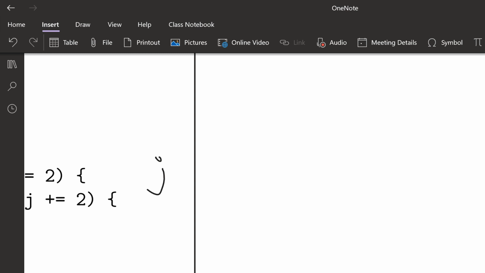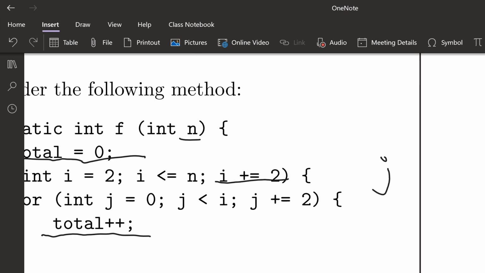So I'll go ahead and draw 4, 6, because we're incrementing by 2 each time as well. And j is also incrementing by 2. These are all details that you're going to have to look out for as you approach a problem like this. So when i equals 2 and j starts from 0, how big is j going to get up to?